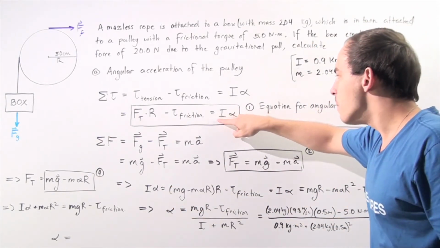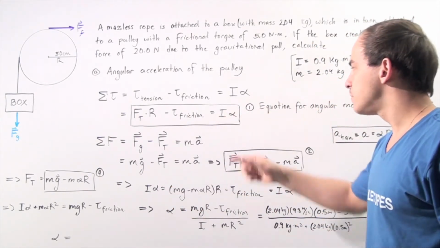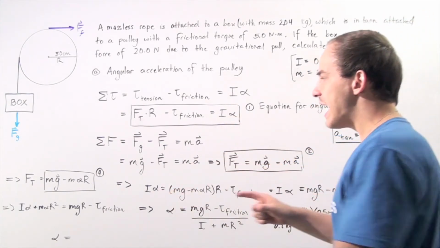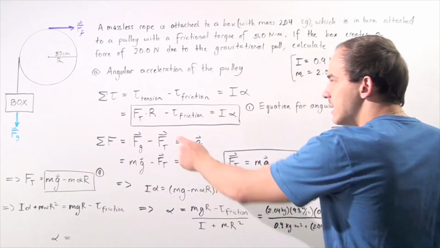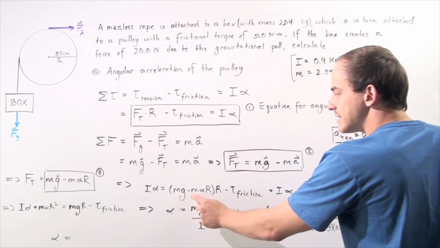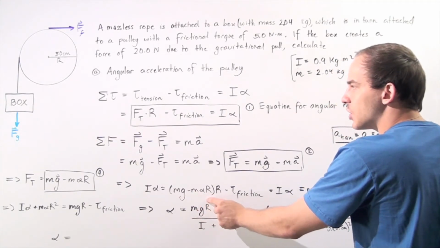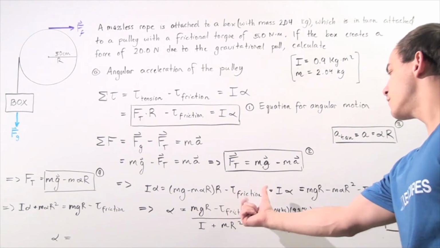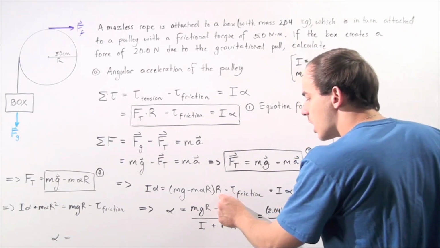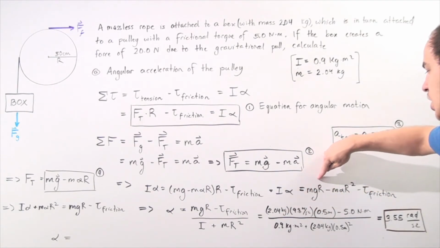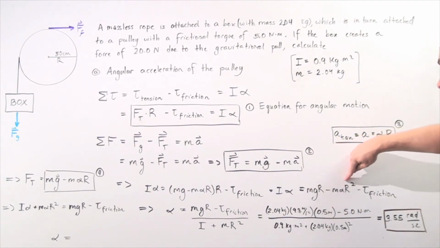We have our moment of inertia multiplied by our angular acceleration is equal to this entire quantity being replaced into this value, so mg minus m alpha times our lever arm, multiplied by the lever arm, minus the torque due to the friction. So let's multiply the r out and we get mgr minus m alpha r squared minus torque friction.